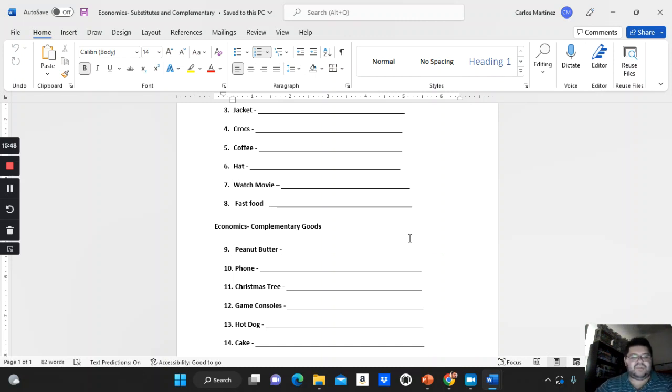So like the next one, your phone. What is something that's complementary to your phone? Something that only really goes with your phone that doesn't really go with anything else. So if you say like a phone case, perfect answer, right? You can't take a phone case and wrap it around your TV, right? Not going to work. If you say something like a charger, yeah.